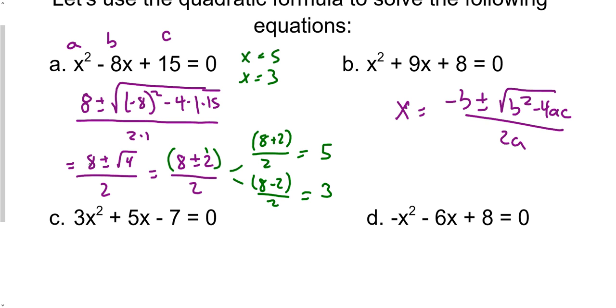When you have something like that, that means that the original problem was factorable. So whenever this works out cleanly, the original one was factorable, whether or not you then go, oh, I should have just factored it.